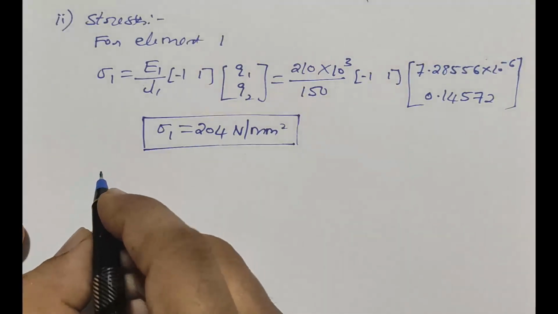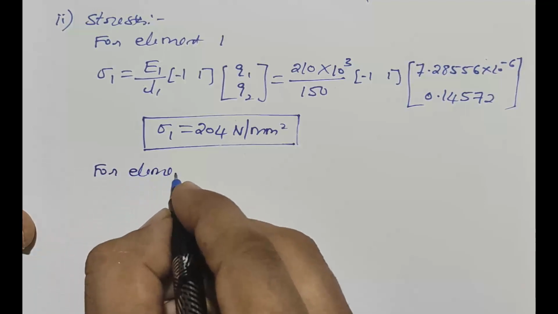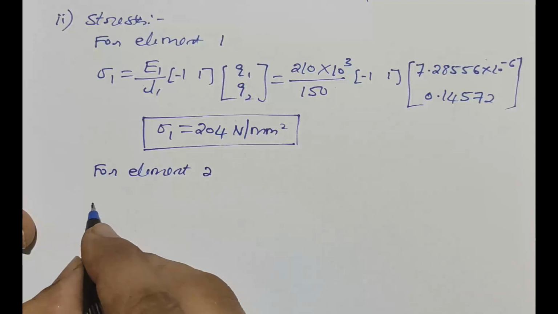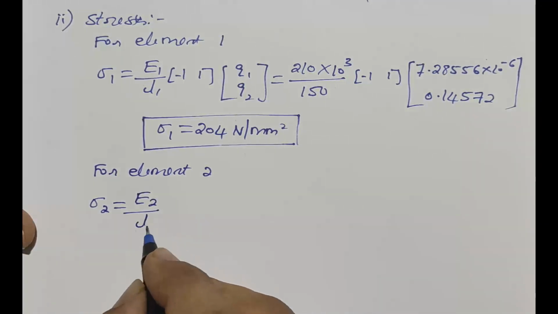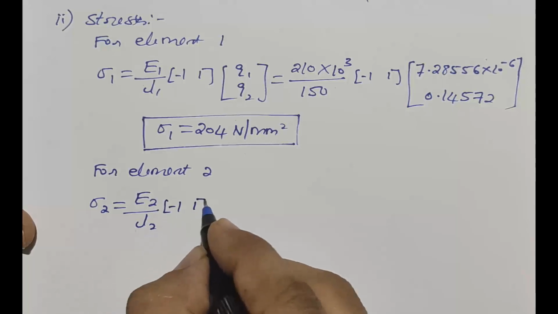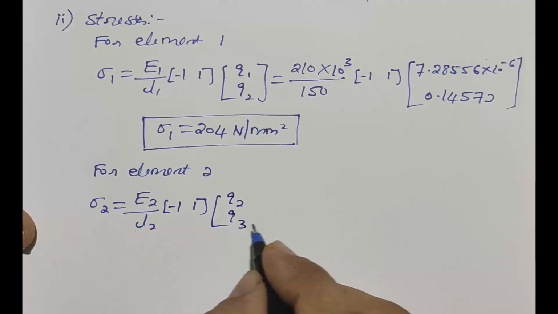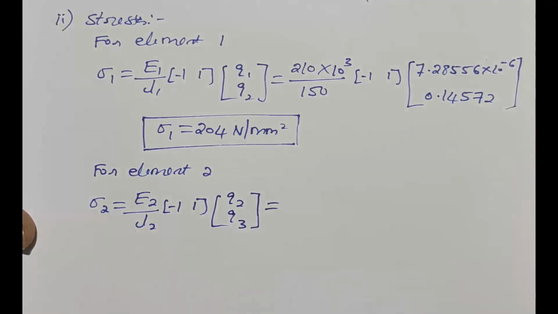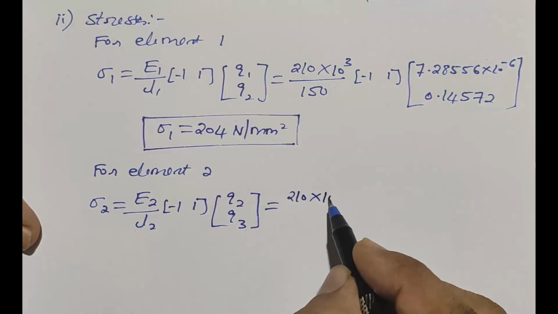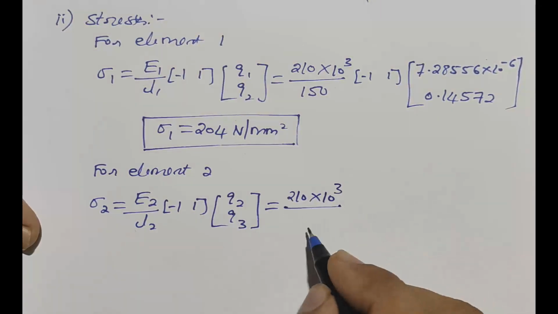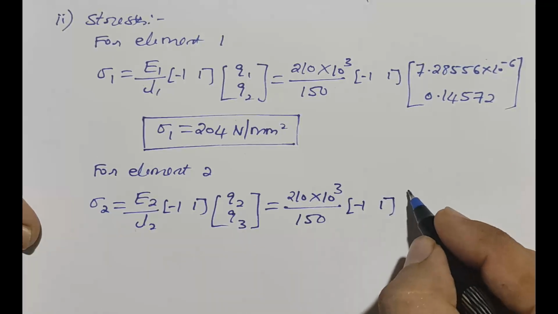Next, we need stress in second element. For element 2, sigma 2 is E2 by L2 minus 1 1 Q2 Q3 is equal to E2 is 210 into 10 power 3 L2 again 150 minus 1 1.